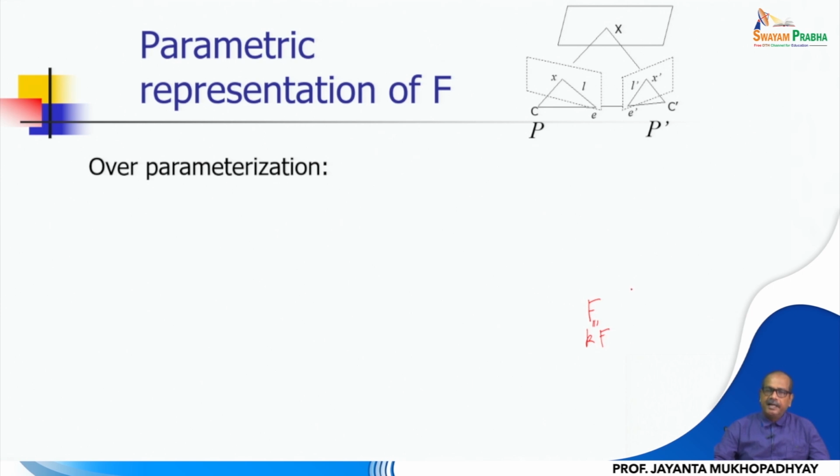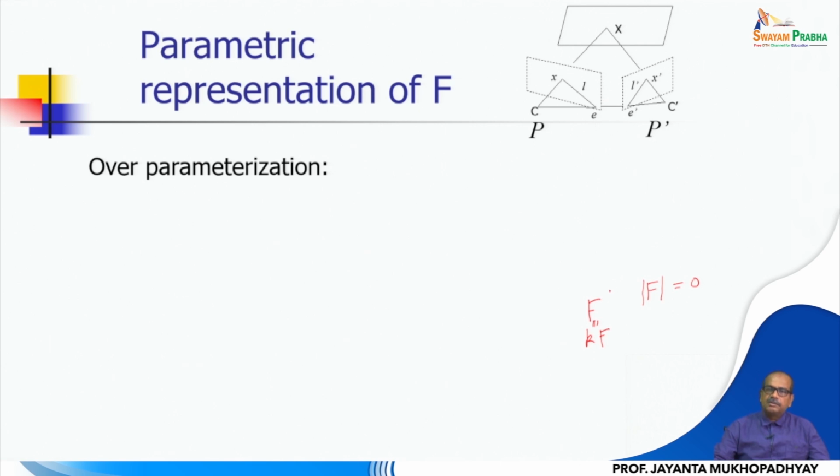So you have at most 8 independent parameters. Since F is singular, the determinant of F equals 0, which puts another constraint. So there are at most 7 independent parameters in F. We will see this later on.